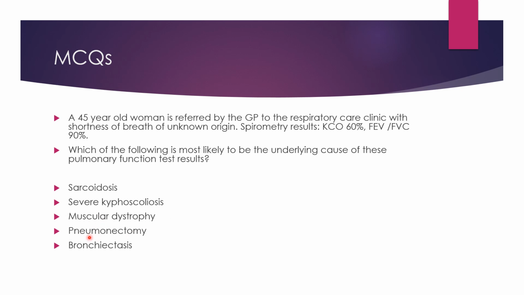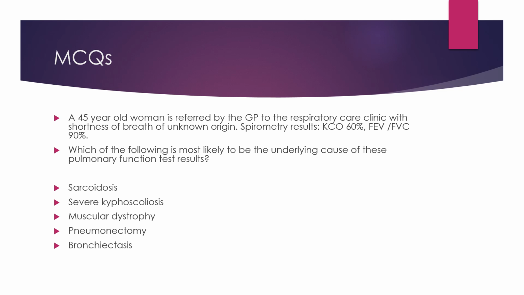So kyphoscoliosis, the problem with the neuromuscular apparatus, which is muscular dystrophy, and pneumonectomy, these are the exceptions. So these conditions don't fit into this question and these spirometry results. So the correct diagnosis would be sarcoidosis, which is associated with lung fibrosis. I hope it is clear till now.